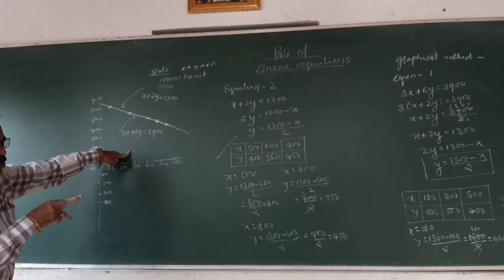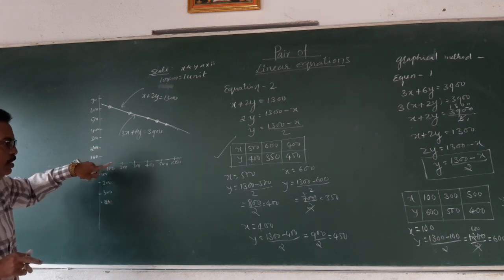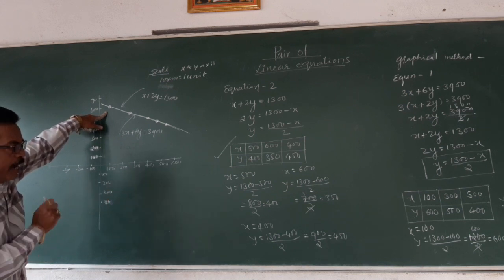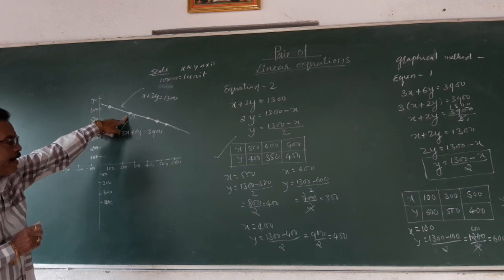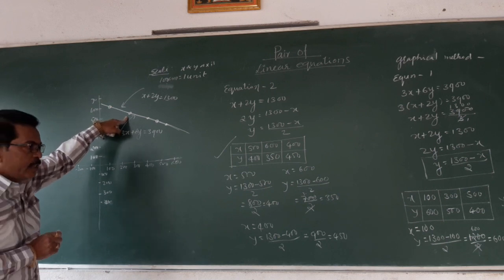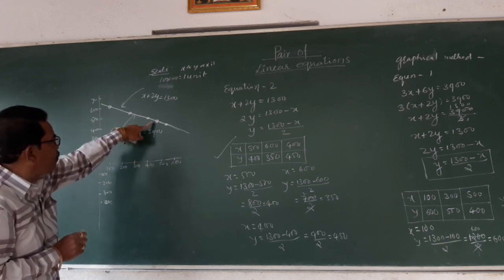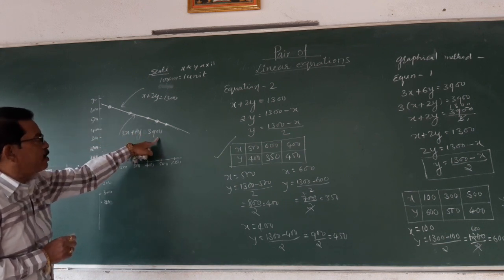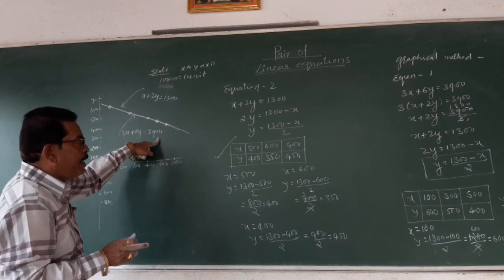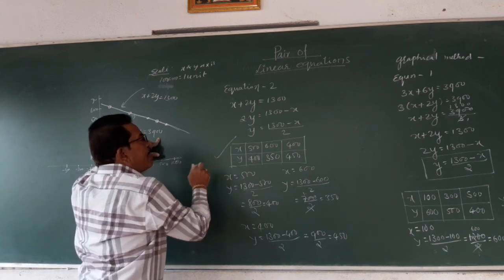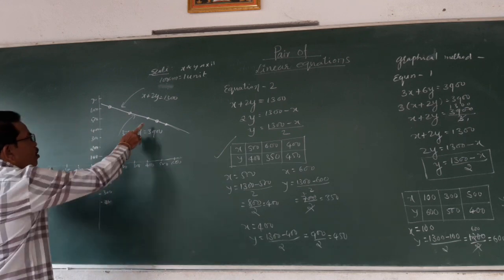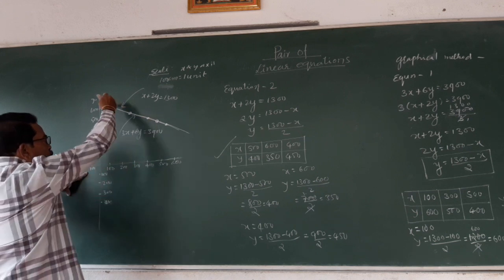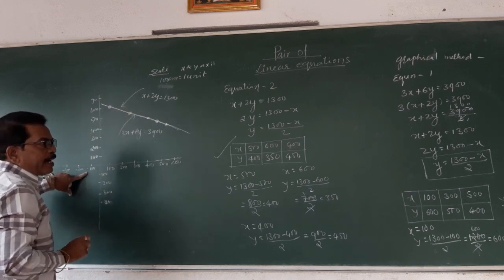In the first equation, x is equal to 100, y is equal to 600, that is that point. Then x equals 300, y equals 500, second point. Then x equals 500, y equals 400, third point. So this graph represents 3x plus 6y equals 3,900. When we plot the graph of the second equation, again we got the points on the same line. Those points are also collinear with respect to the first one.